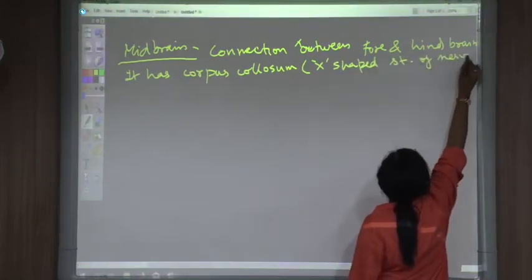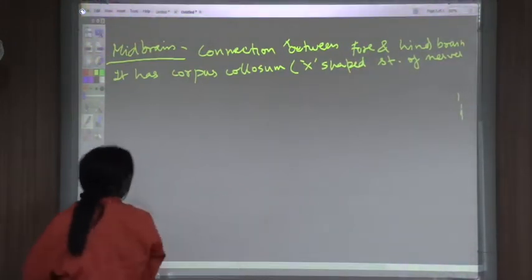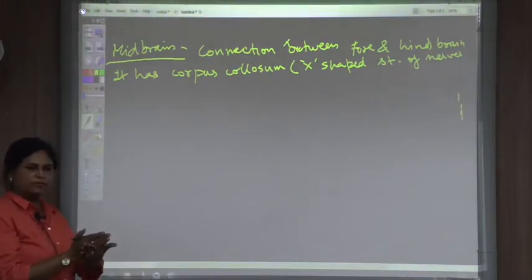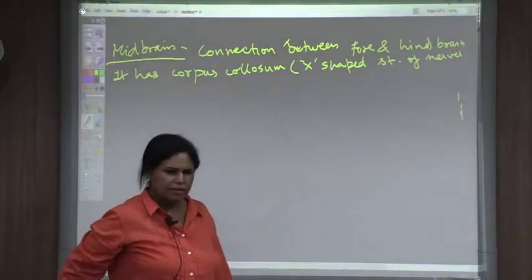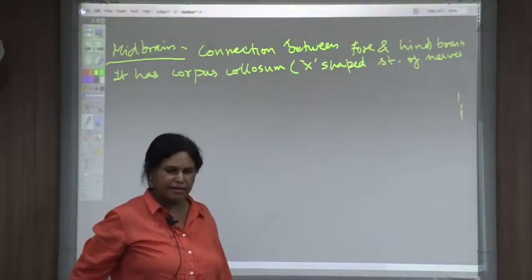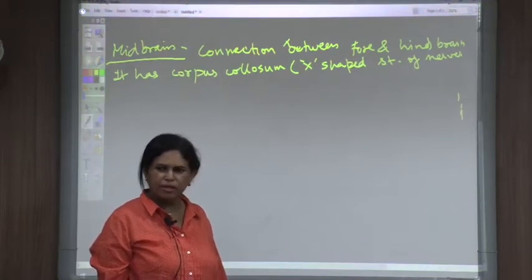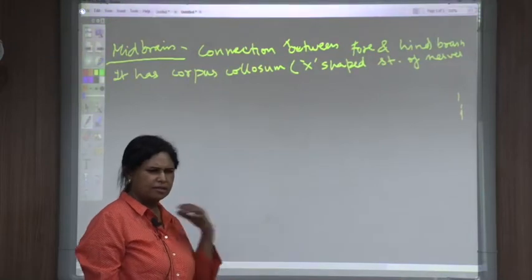Now the cranial nerves cross from the left and the right portion, and they form an X-shaped structure in between the two cerebral hemispheres. Now this is a typical feature of mammals only. Nowhere else in any other animal group will have this structure. So this X-shaped structure is called corpus callosum.